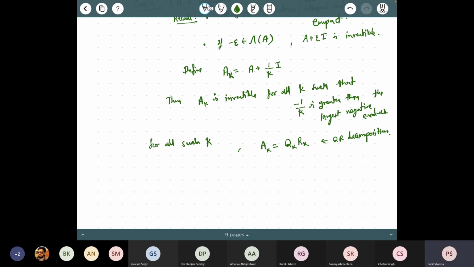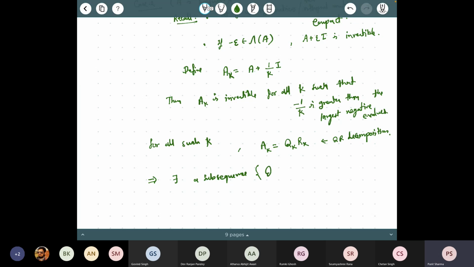We know that the space of unitary matrices is compact, and we have a sequence in this set. This implies that there exists a convergent subsequence.